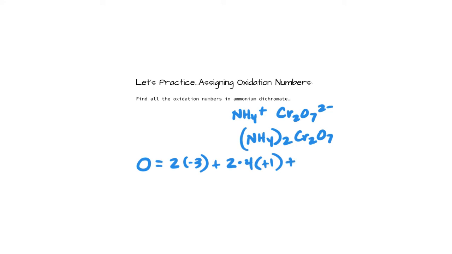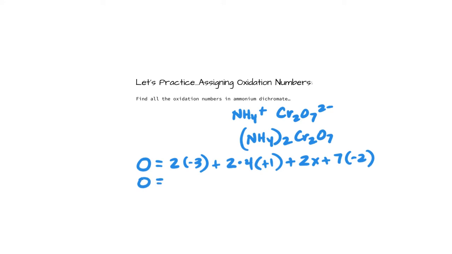We're going to say that that is our X because we don't know what chromium is, but we know we have 2 of them, plus oxygen is the more electronegative element there, so I know that I have 7 times minus 2. So this is going to be quite a bit of algebra here. So let's see if we can distribute some of these parentheses and figure out where we can then combine like terms.